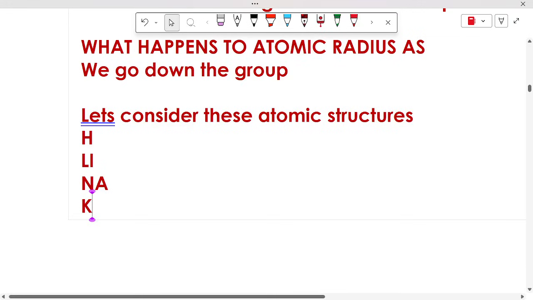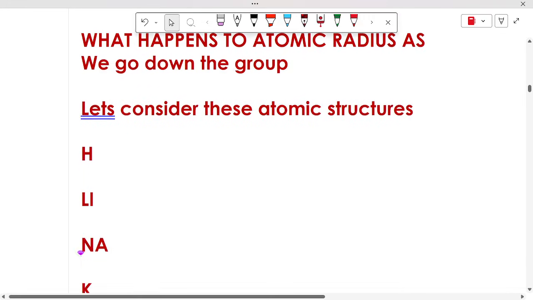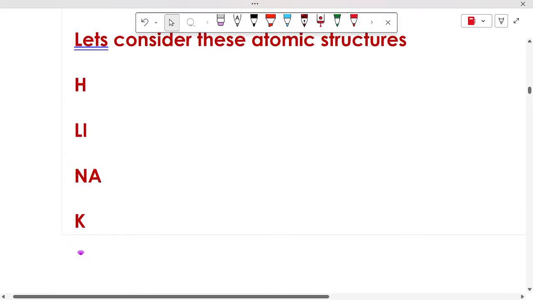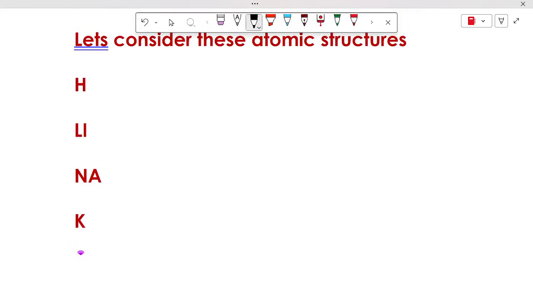We draw hydrogen, then lithium, then sodium and potassium. Hydrogen has how many electrons? One.